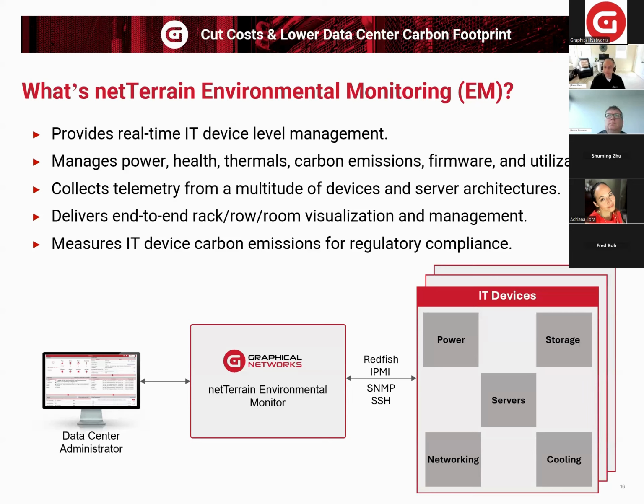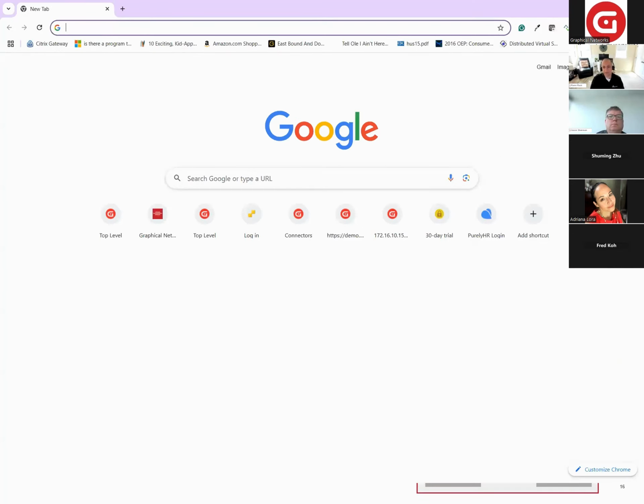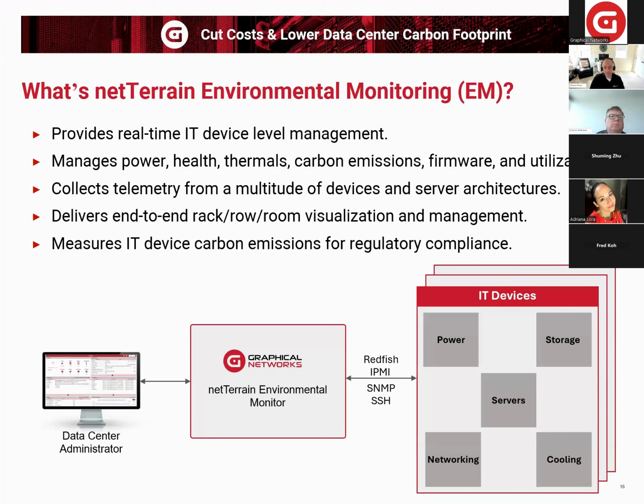And one of the strengths of this module is being able to not just give you a granular view of the data of those IT devices in terms of their power consumption, inventory, health, utilization, but also to aggregate that so that you can get views all the way from the device level to the rack level and eventually to the data center level.